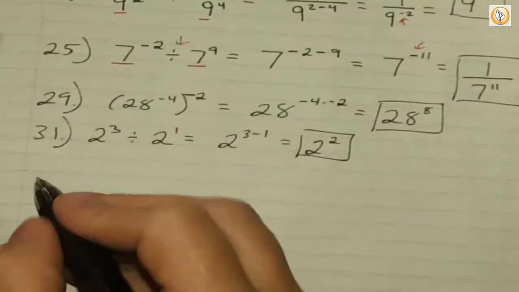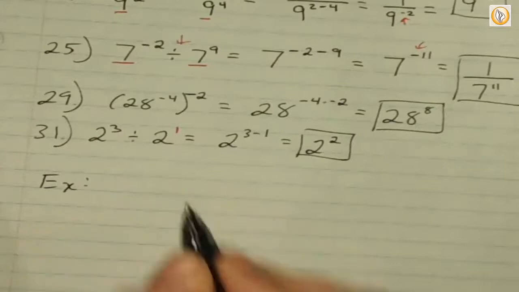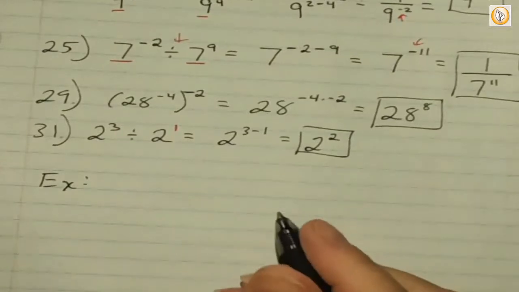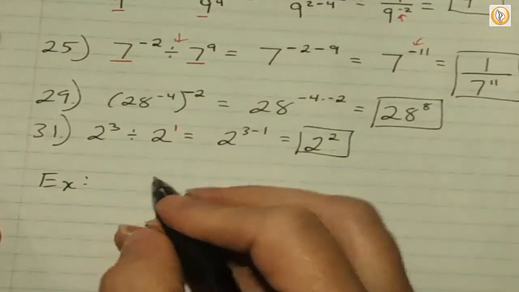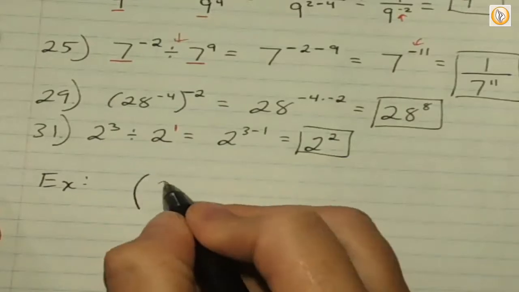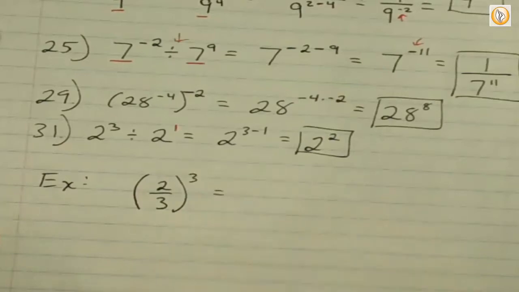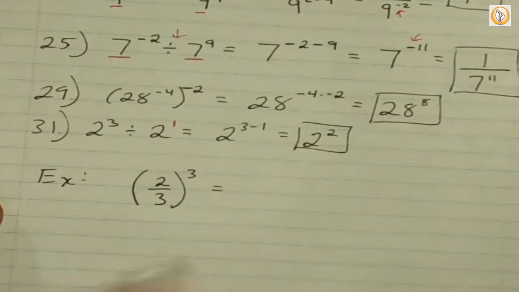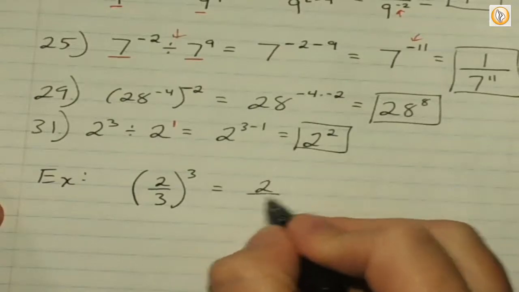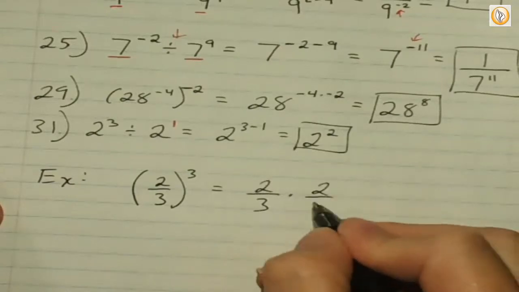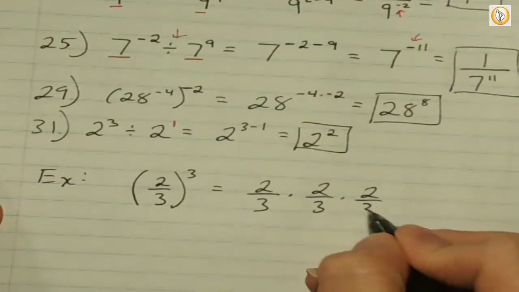All right, I'm going to just do 2 examples real quick. Y'all need to write these down. What if I had 2/3 to the power of 3? Anyone want to tell me how to write that in expanded form? Gabby? 2/3 times 2/3 times 2/3. Bingo.